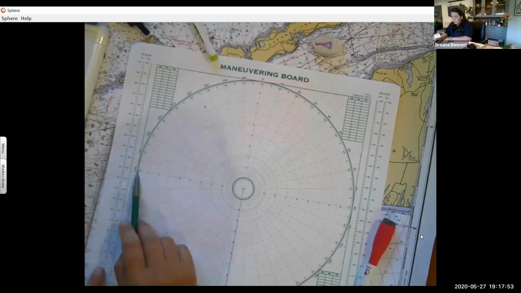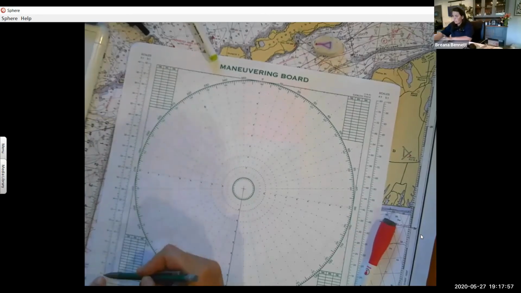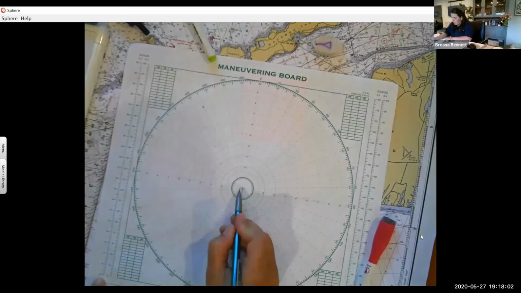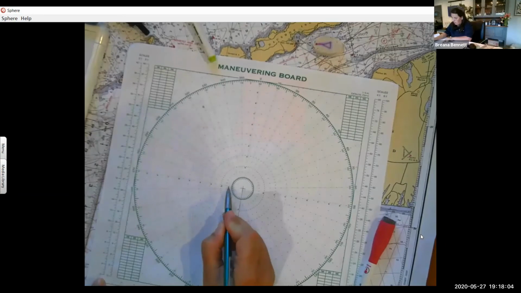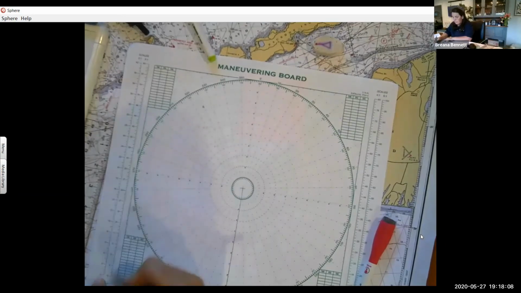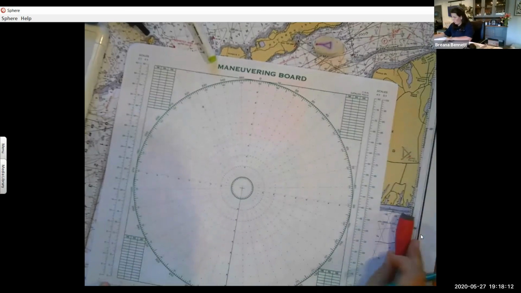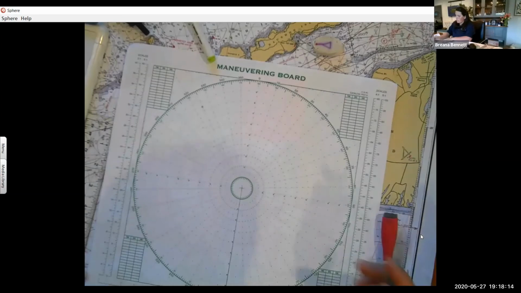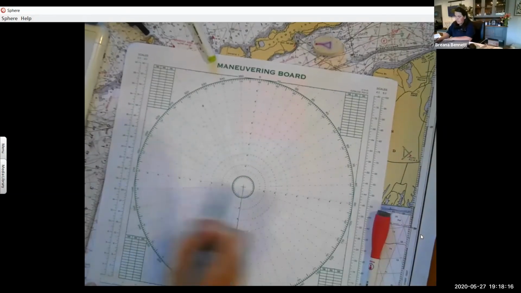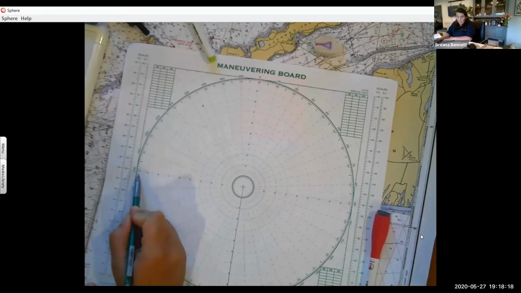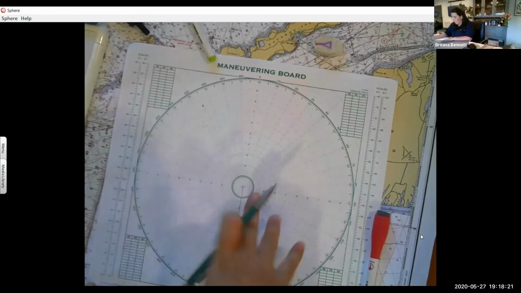If you're going over 10 miles, you can use the 1 to 2 scale, so this is 1, 2, 3, 4, 5, 6, 7, 8. You can use that scale, or 3 to 1, 4 to 1, or 5 to 1, however fast you're going. But we're just going to use the 0 to 10, the basic scale that's already on the chart.